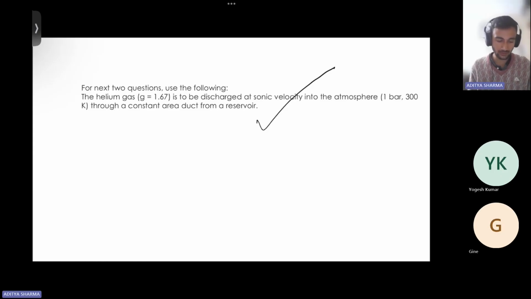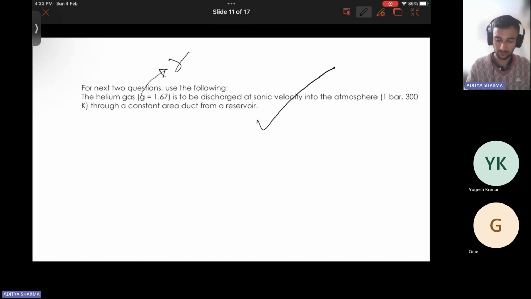Here we have helium gas. This gamma is given here. Helium gas with gamma 1.67 is to be discharged at sonic velocity.